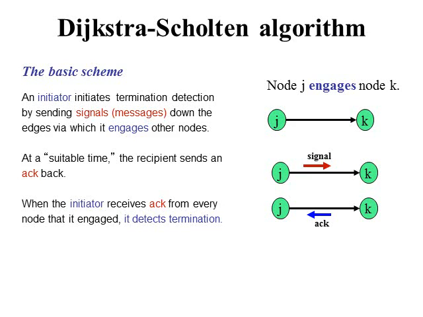So in simple words, an initiator process starts the termination detection process, or the signaling mechanism, and sends out signals or messages along outgoing channels, and it engages all the processes which are connected to it along outgoing channels.